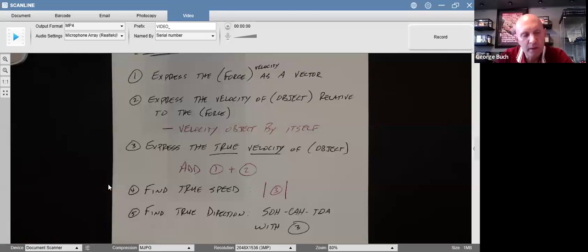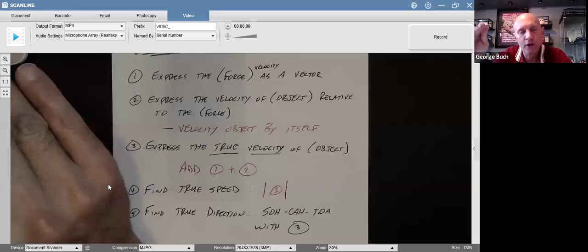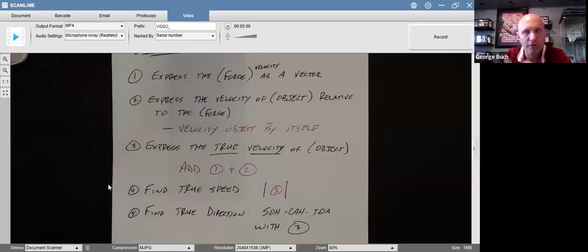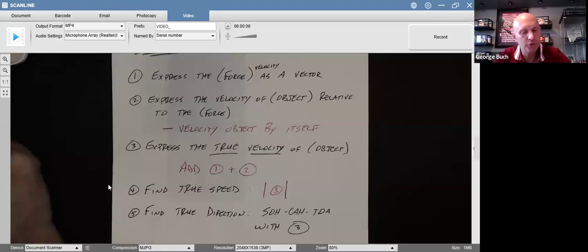So if it's telling me, whatever, 3 units to the right and 4 units up, well, then I do SOHCAHTOA to find that angle to give me the true direction. So that's how you're going to do these word problems.